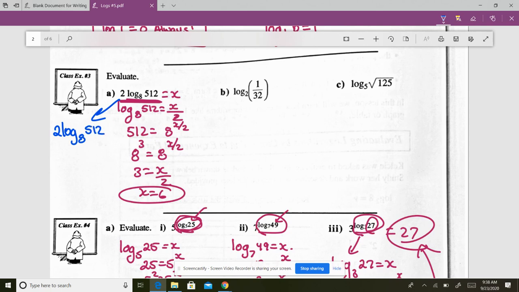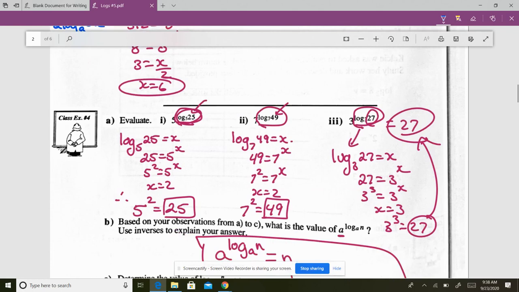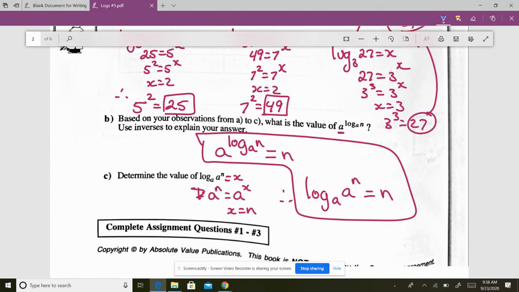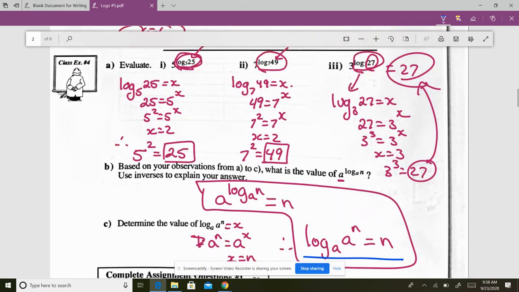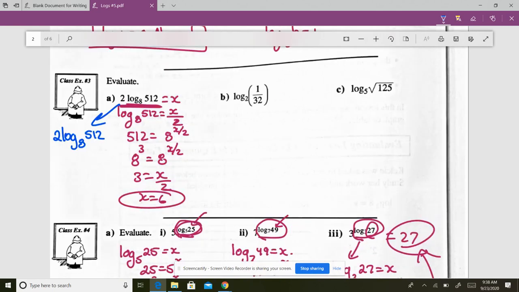Based on this rule, if I can make the base of the log and the base of the argument, the number that we're logging, the same, then the answer is just whatever the exponent is on the argument. So if we go back to here, can I make 512 base 8? Can. It is 8 to the 3.